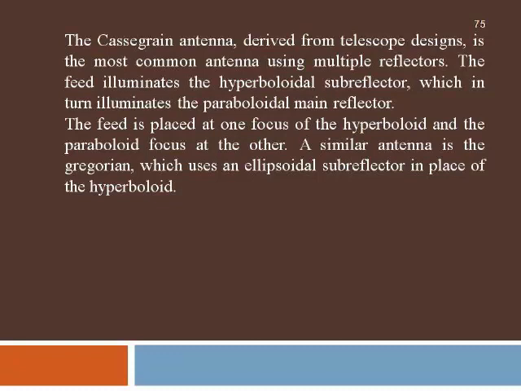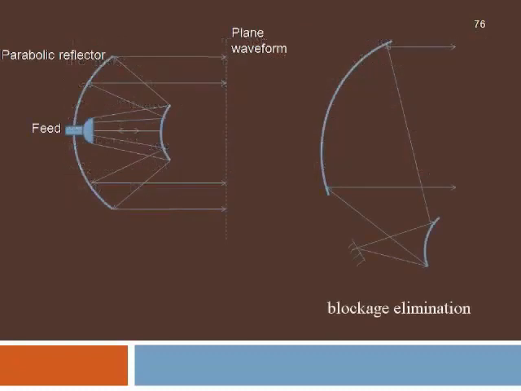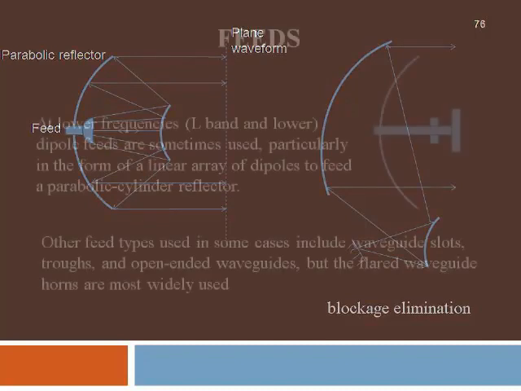A similar antenna is the Gregorian, which uses an ellipsoidal subreflector in place of the hyperboloid. Here you can see the first figure representing the Cassegrain type, the second one representing the Gregorian type. In the Gregorian type, the advantage we get is that blockage is eliminated.